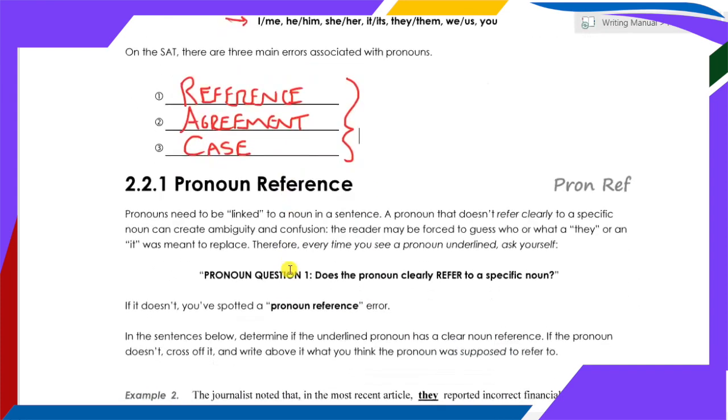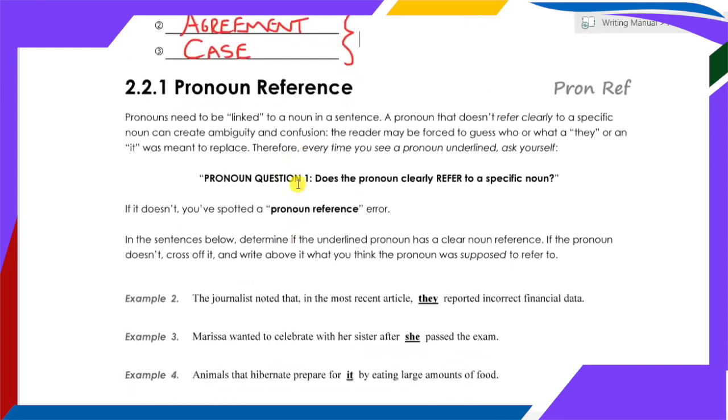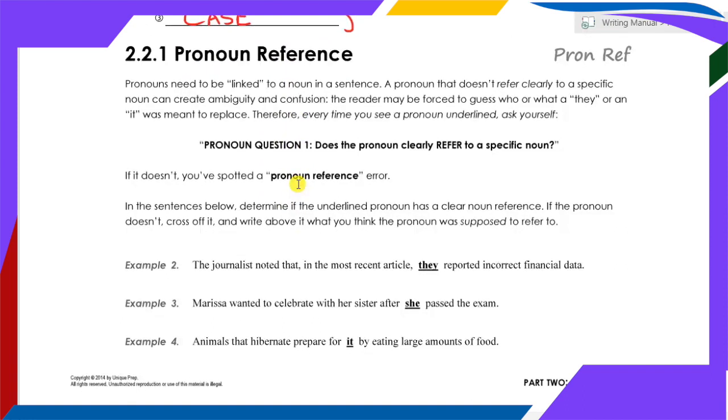So the first of our pronoun rules, pronoun reference, we have to make sure when we see a pronoun in a sentence that the pronoun clearly refers to a noun, that it's linked to a noun, that there's a specific noun in the sentence that the pronoun replaces. If we see a pronoun and we look for the noun that the pronoun replaces or refers to, and we don't see that noun, we have a pronoun reference or ambiguity error.